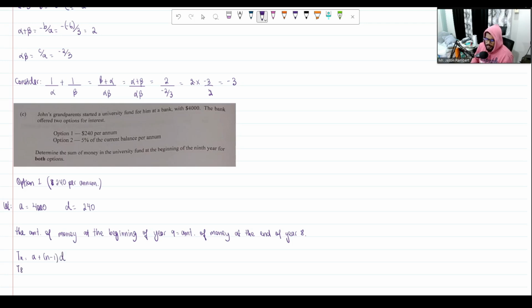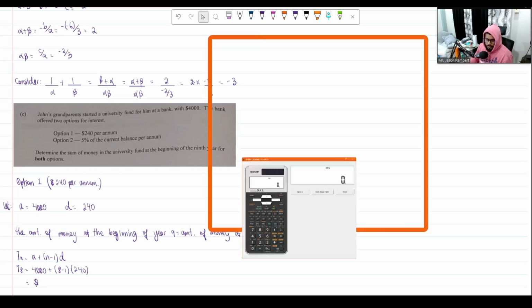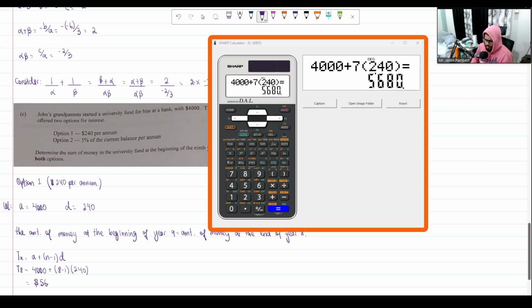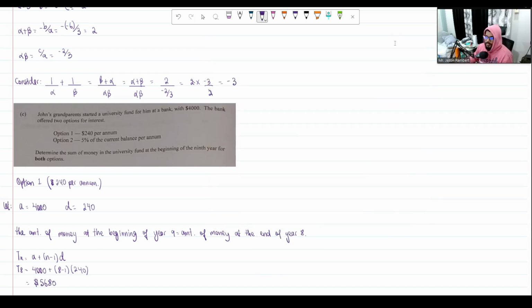T sub 8 is equal to 4,000 plus 8 minus 1 times 240. Jump on the calculator. I'll put the dollar sign at the end. 4,000 plus 7 times 240 is 5680. So that is how much money he has at the end of year 8 in his bank account.